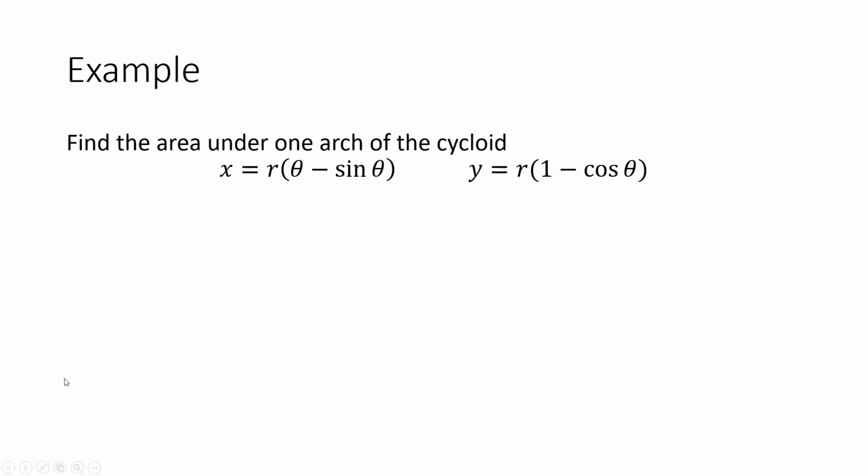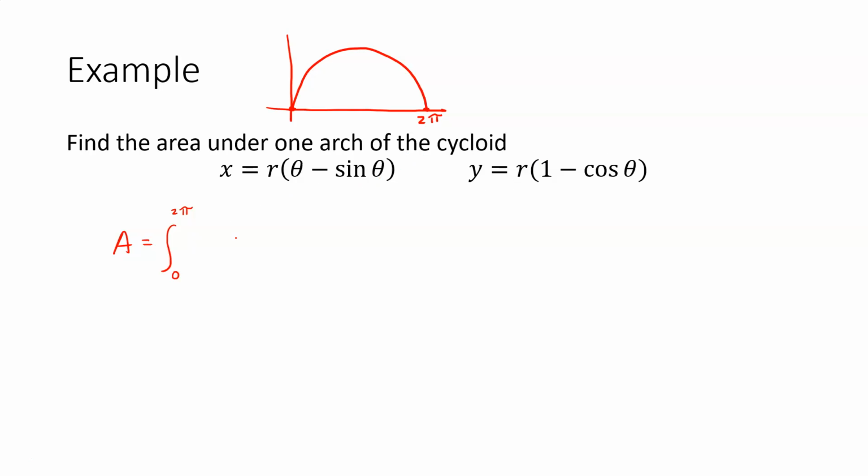So let's look at the cycloid example again. We want to find the area under one arch of the cycloid. So one arch would be going from 0 to 2 pi, one full arch. So the area here would be the integral from 0 to 2 pi.